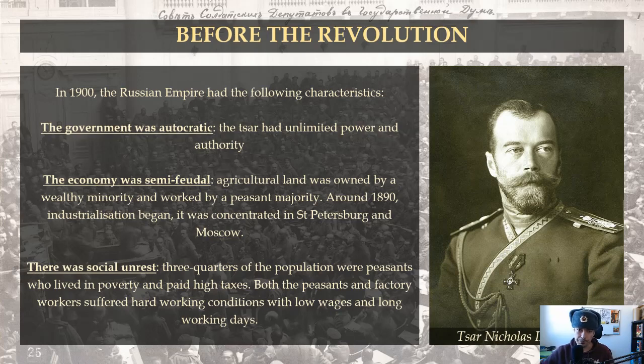And if you add this to the events that will happen at the beginning of the 20th century, the 1905 revolution, the Russo-Japanese War, and the participation of Russia in the First World War, well, you will have this kind of revolution.